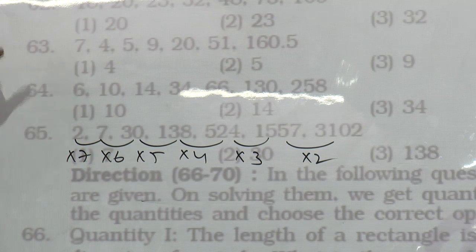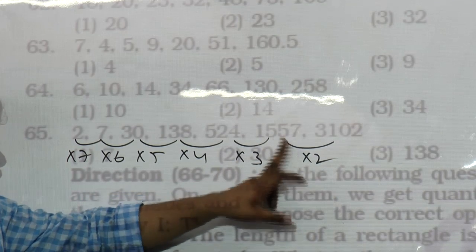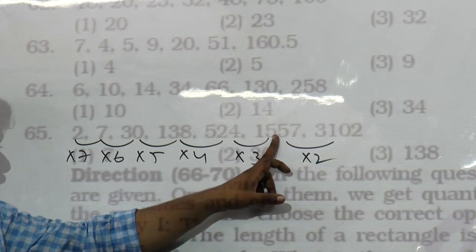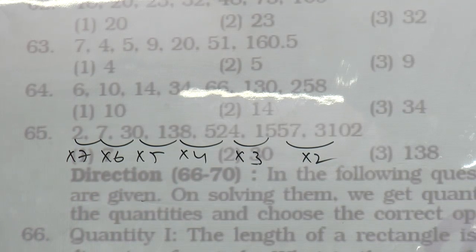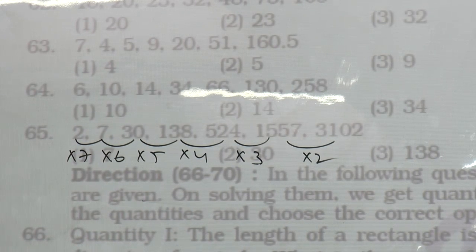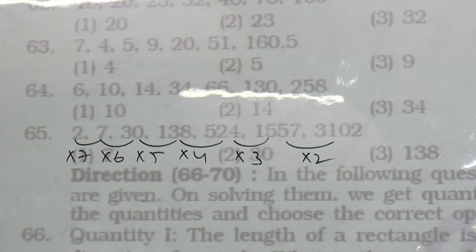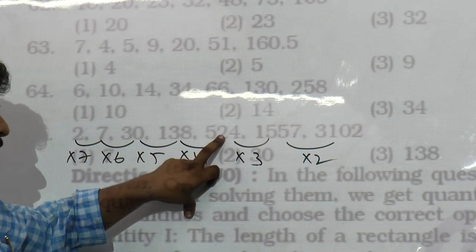Let me identify it from the last. 1557 is 2 times, 3114 minus 12. 1557 into 2 minus 12. 524 3 times, 1572, 1572.